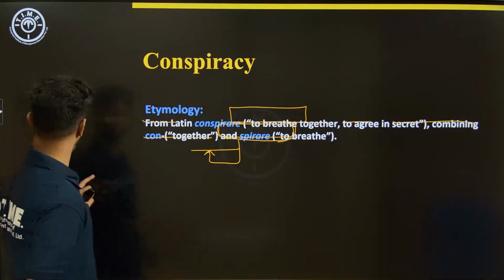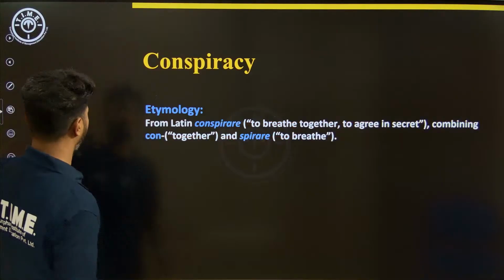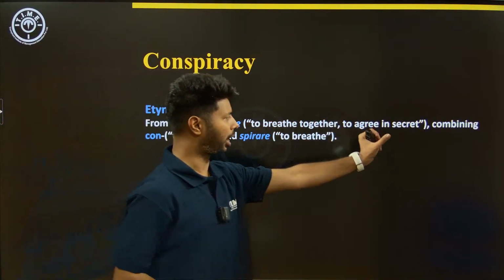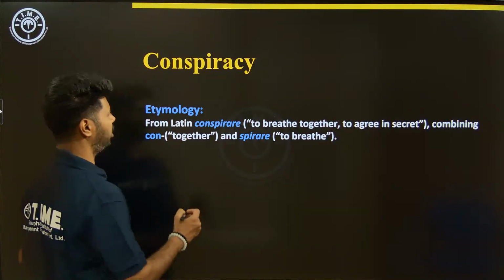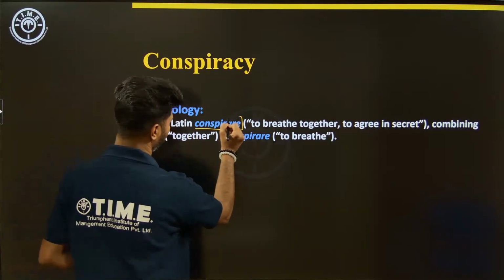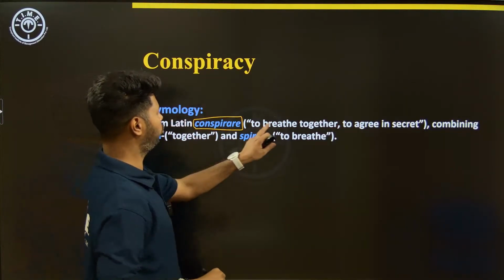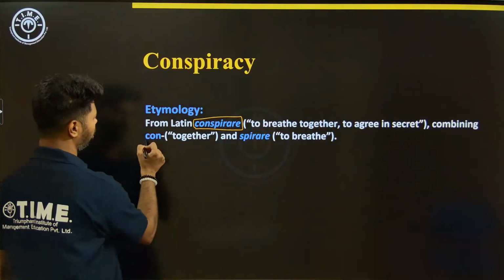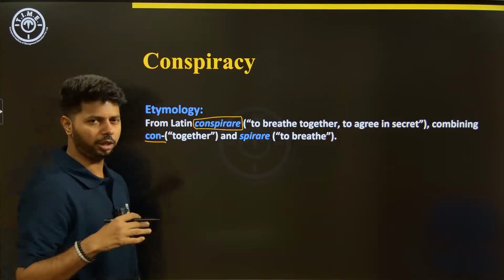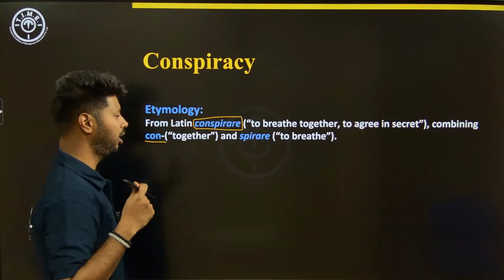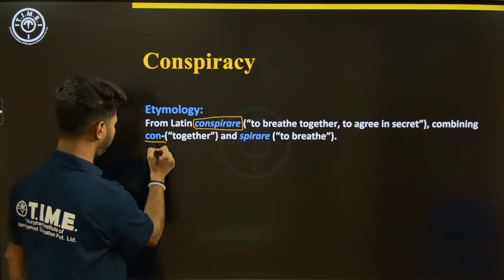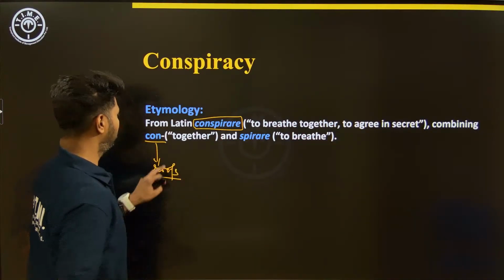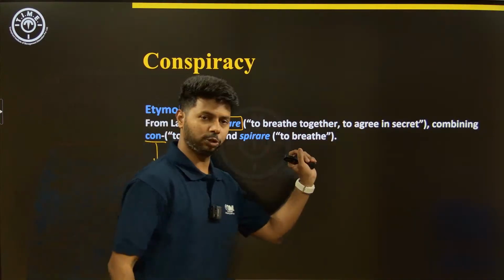What is the etymology of the word? It comes from Latin, to breathe together, to agree in secret, conspire. Combining con, which is a very commonly seen root, meaning together, and spirare, which means to breathe.